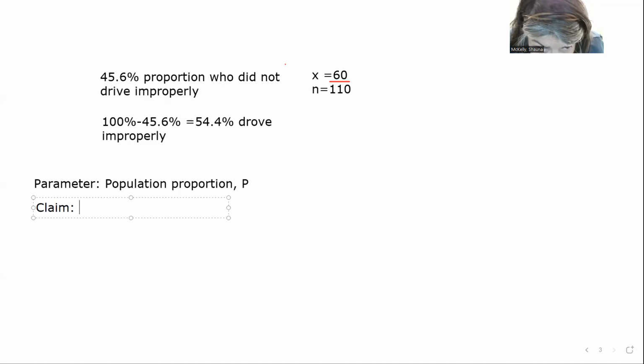So the claim here is H1, and it's going to be P is not equal to, and because we're looking at improper driving, 0.544. I'm going to change this percentage to a decimal. So P is not equal to 0.544, okay?